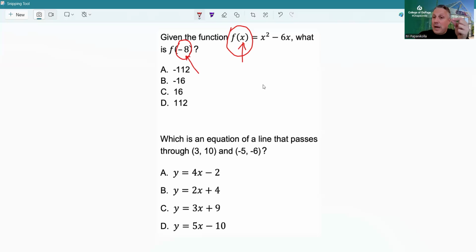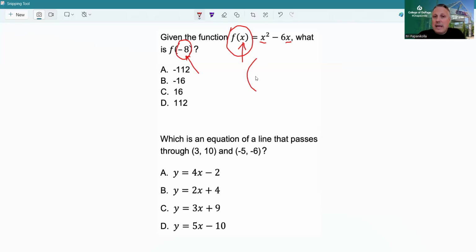So just like when we're pricing a product, we put a sticker on a product, same thing here, we put a value, a sticker, on the x. So we're going to take the -8 and replace it here and there. Wherever there's an x, x now is not an x anymore, but it is a -8. And that's all this problem is about.